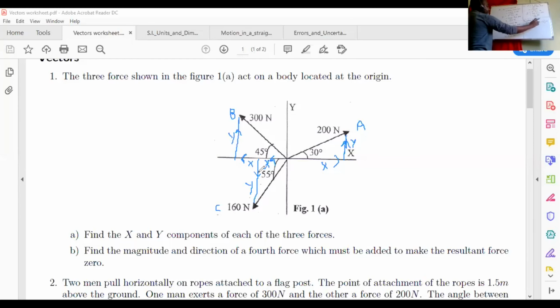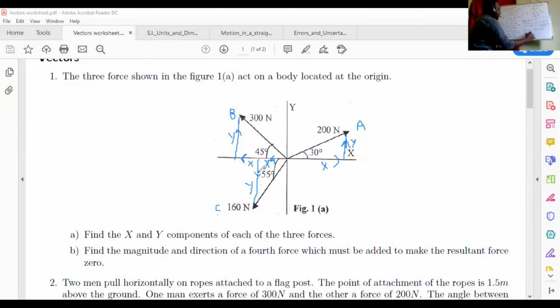Did you remember you have to put in the negatives? If the resultant for these three is negative 130.8 newtons, then what is the x component of the fourth vector? Let's solve for vector D. The x component of D would be positive 130.8.